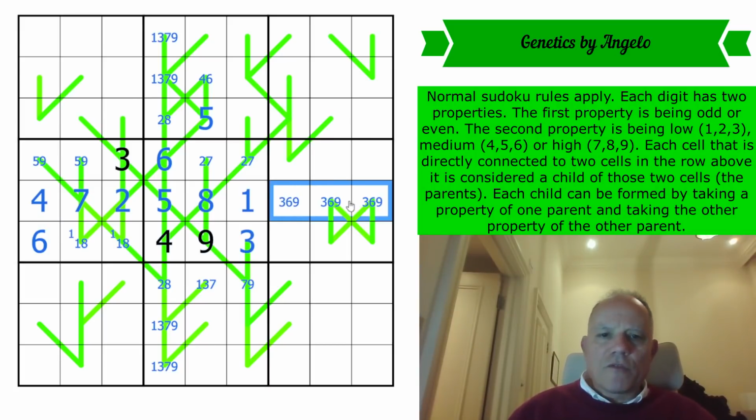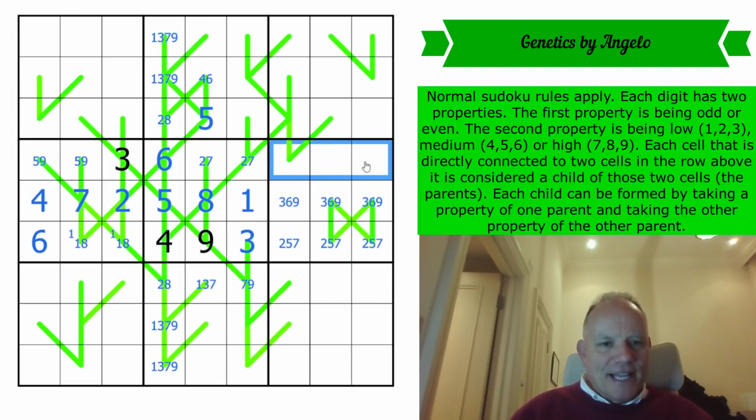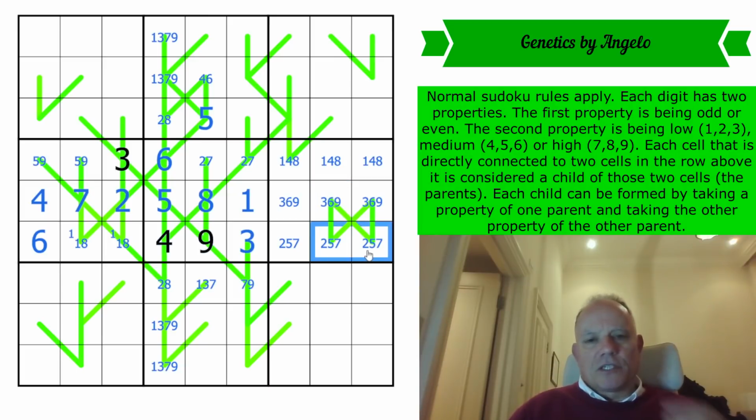This is intriguing. 3, 6, 9, that's a really annoying set, because there's a mix of parities and a mix of all the heights. 2, 5, 7, there's a mix of all the heights and a mix of the parities there. So there will be here as well 1, 4, 8. Blast. Okay, I need to think again then. Right, what are these parents of these children?